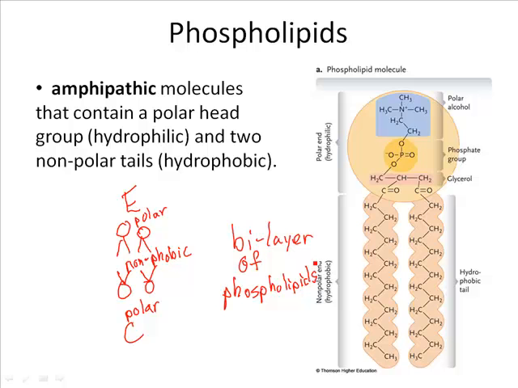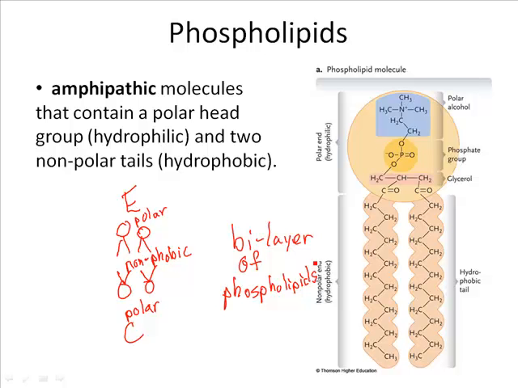Now the reason I've gone through that is because that's really all the basics we talked about in the chemistry chapter. We talked about the fact that polar molecules like to interact with other polar molecules. There's no better example than water. We talked about the fact that non-polar groups, hydrophobic groups, like to bury themselves from water. We discussed that when we talked about amino acids being buried in the center of a protein.